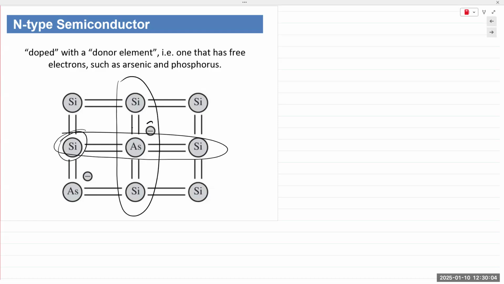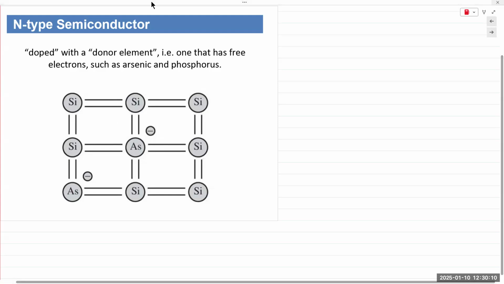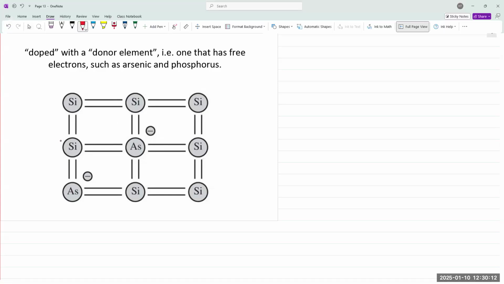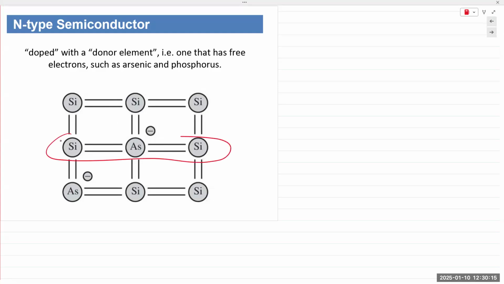Actually, let me change, let's use red. So 1 bond here, 1 here, and you have this extra electron that is now free to move around.